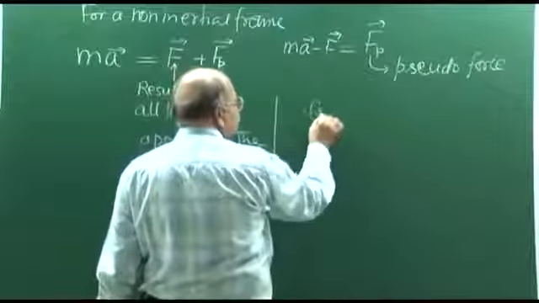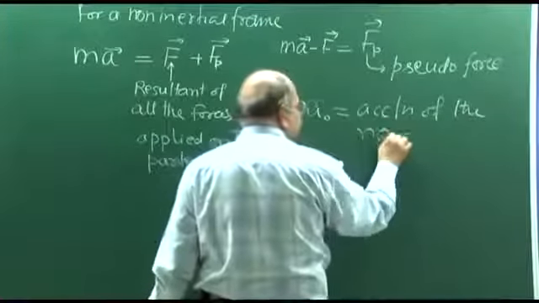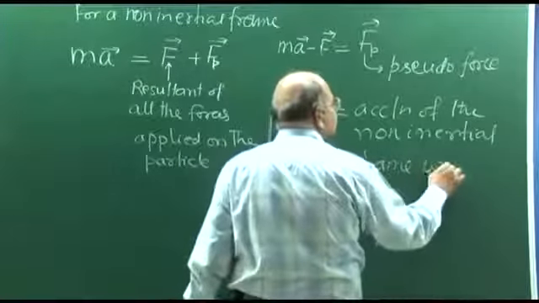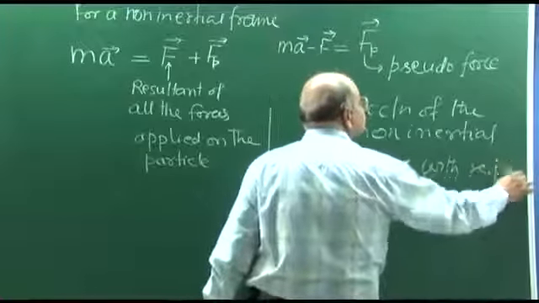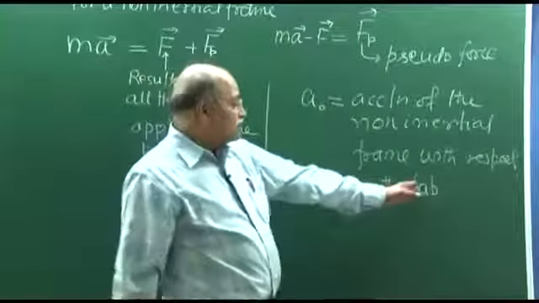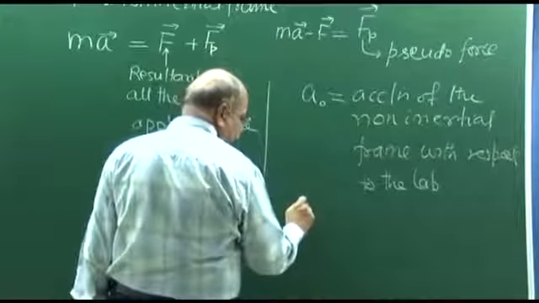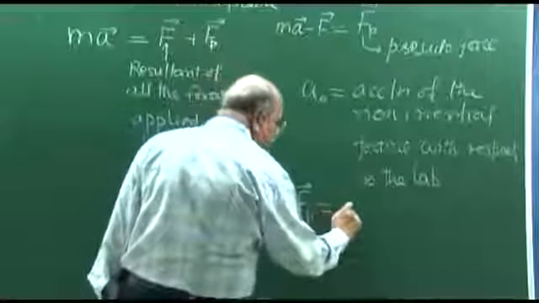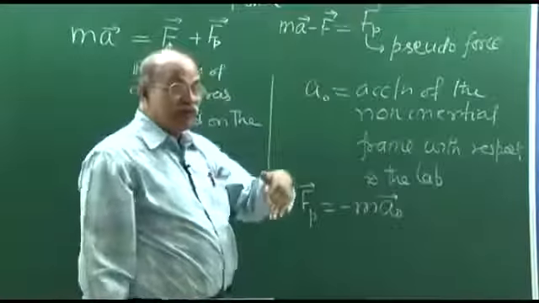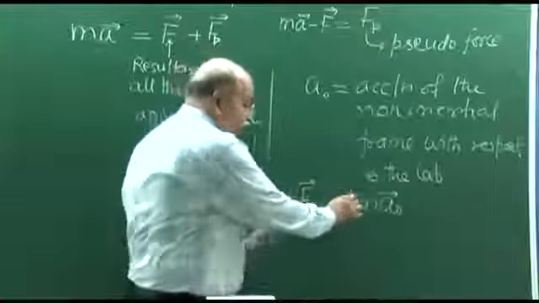So, if a naught is the acceleration of the non-inertial frame with respect to the lab or table or room, the assumed inertial frame, then the pseudo force on the particle will be minus m a naught, because the acceleration of the particle from the box is minus a naught. Look at the structure.